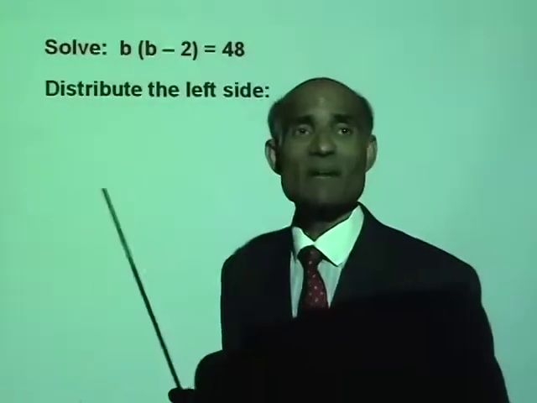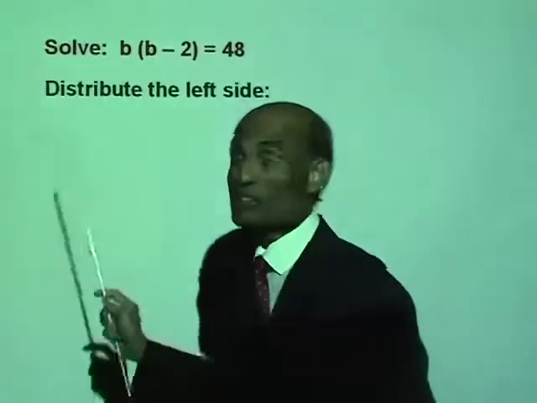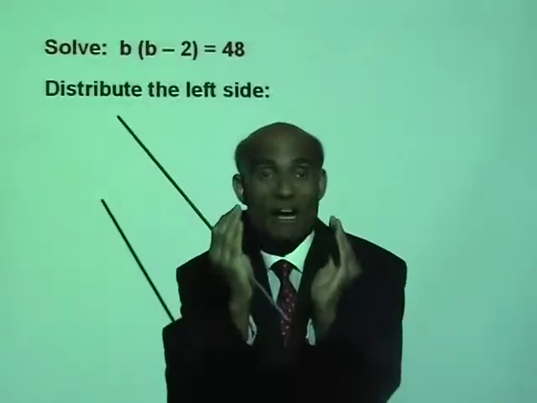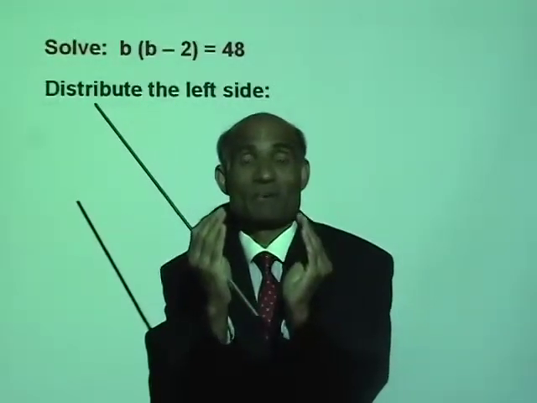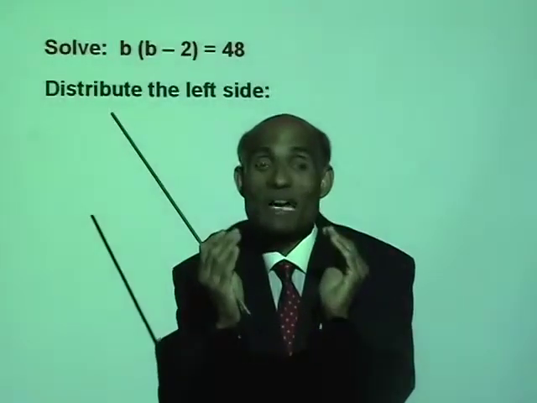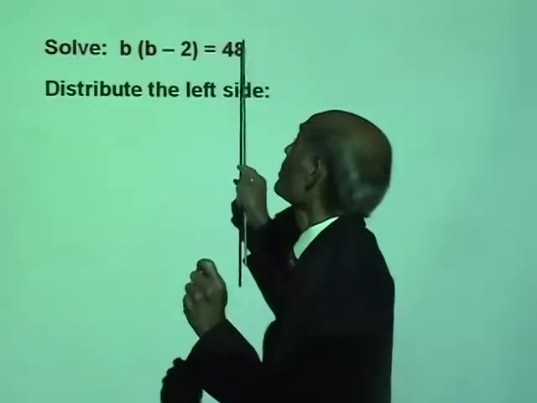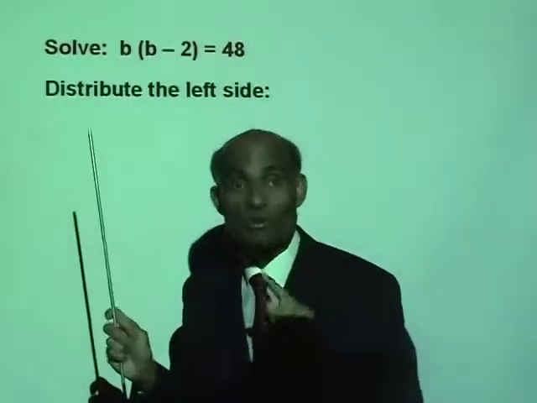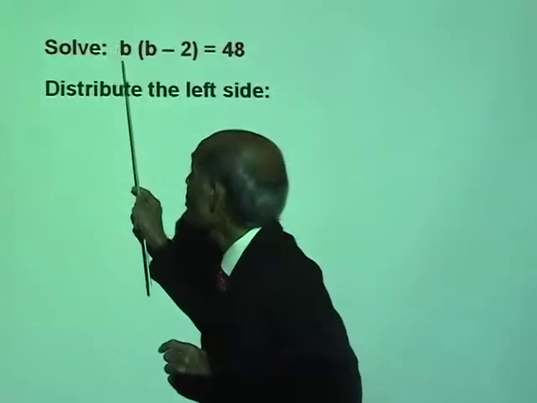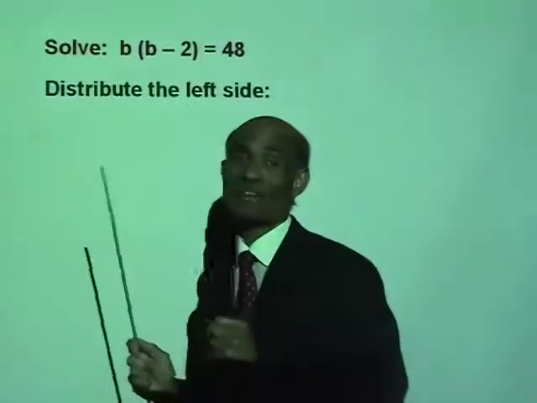That will be easier. You see, the left-hand side exists as 2 factors. Well, you cannot keep it as 2 factors. Why? Because the right side is not 0. So first of all, you need to multiply the left-hand side.